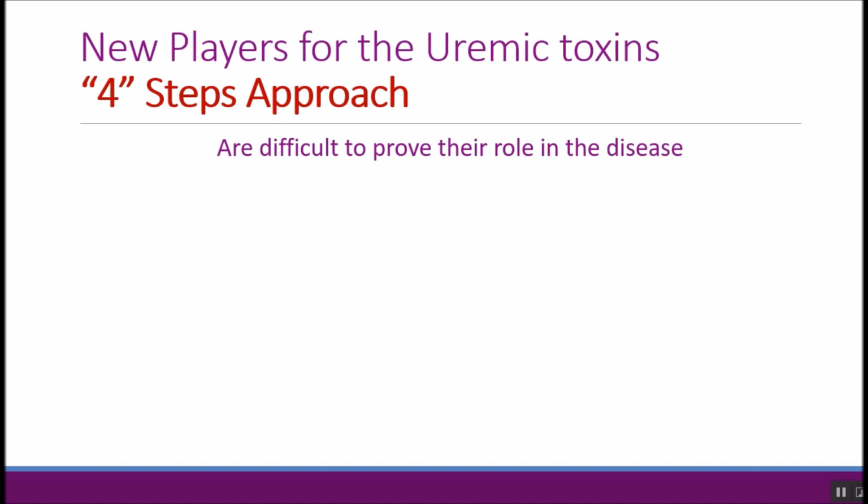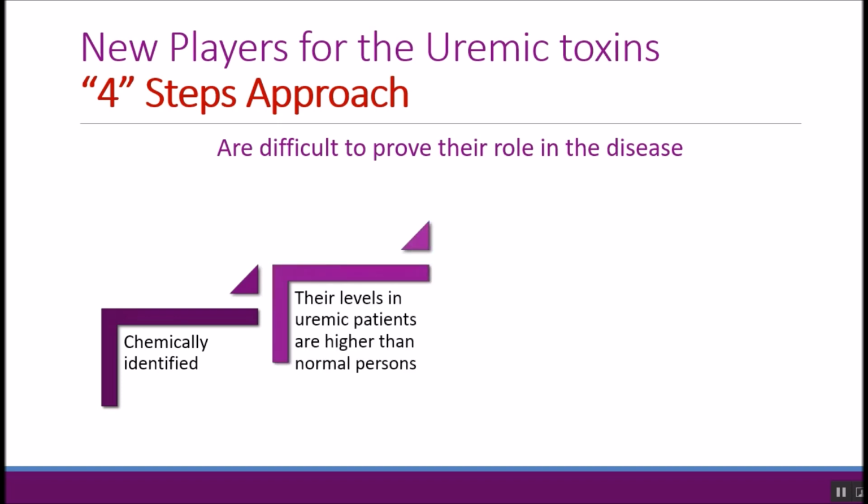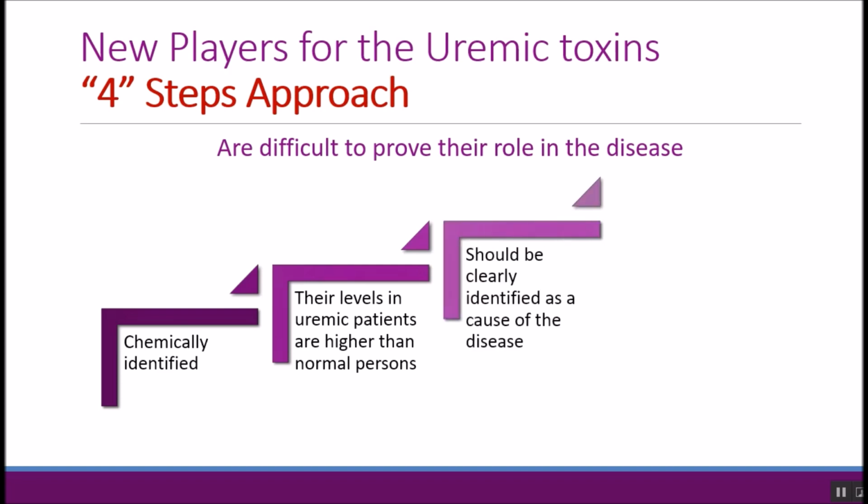The uremic toxin molecules are hardly defined, because you need a 4-step approach to define a specific uremic toxin. The uremic toxin should be chemically identified, by laboratory or proteomics analysis, and their levels in uremic patients should be higher than in normal persons.